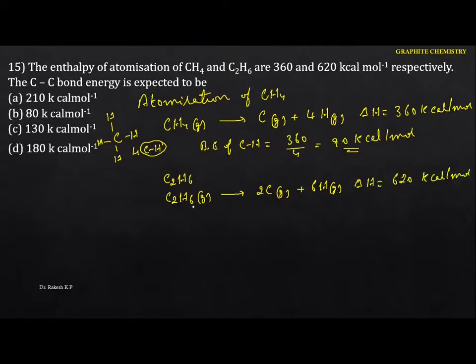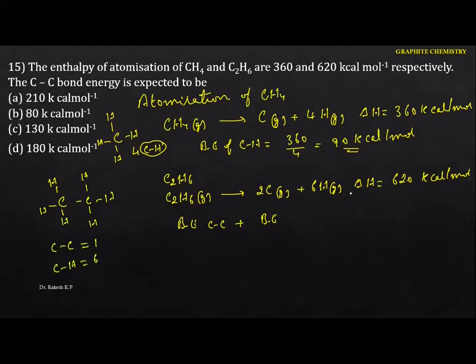So this is nothing but the bond energy of carbon to carbon plus the bond energy of CH bonds. This is the structure of ethane. We can identify 1 carbon to carbon bond, and also 6 carbon to hydrogen bonds.